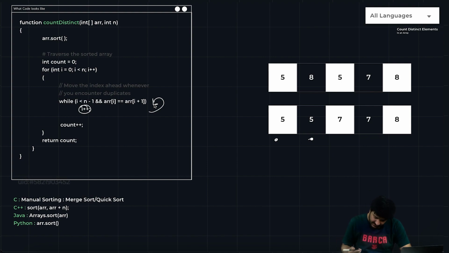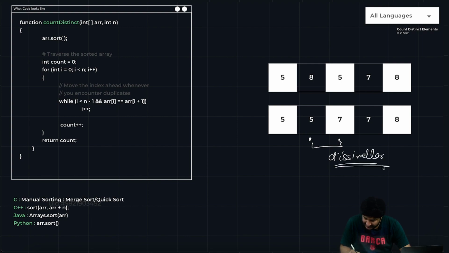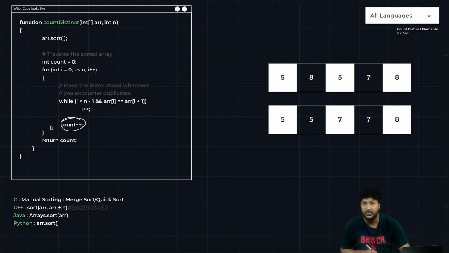Then again the next time we'll be checking for this and this. In this case, obviously this will not get satisfied because this i value and this value are different. So it will come out of this while loop. You only come out of the while loop if the current value and the next value are dissimilar. And as soon as you come out of the while loop, you'll do count plus plus.